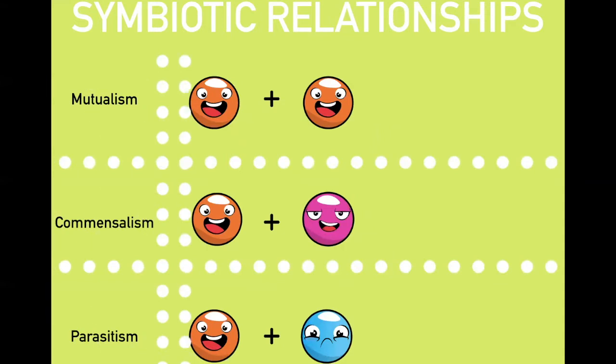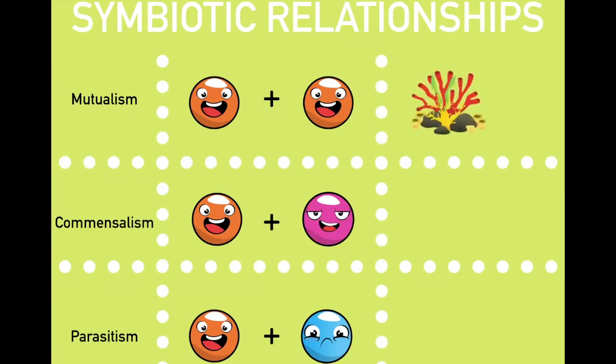Now let's start with mutualism. In mutualism, again, we have two benefiting organisms. Our example today is a sea anemone and a clownfish. Raise your hand if you've seen Finding Nemo. I know I have.